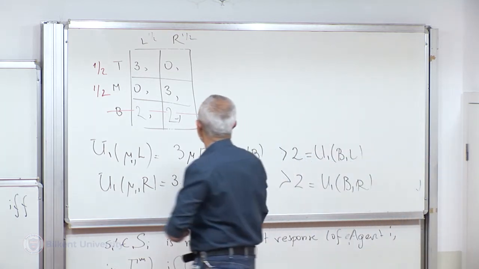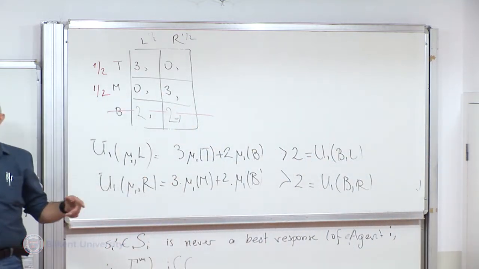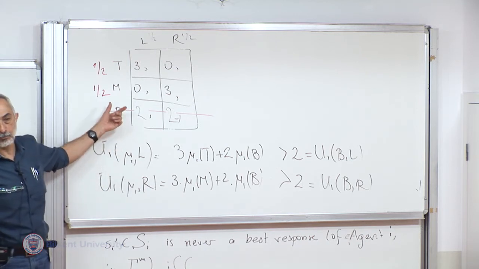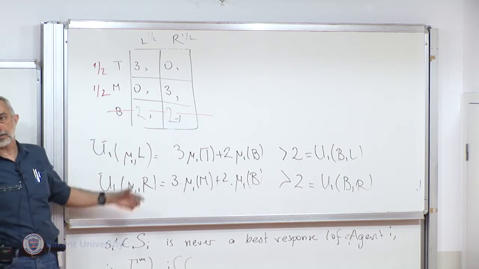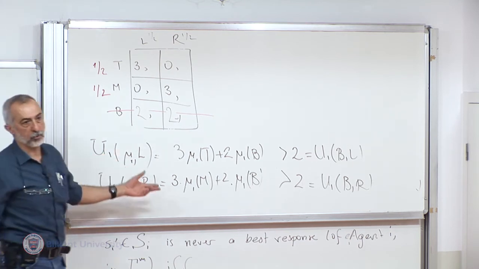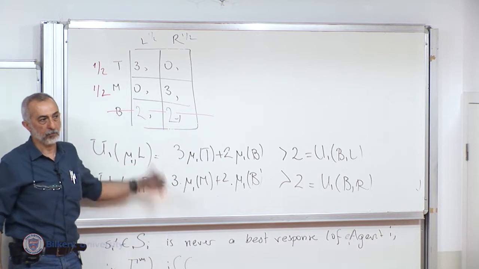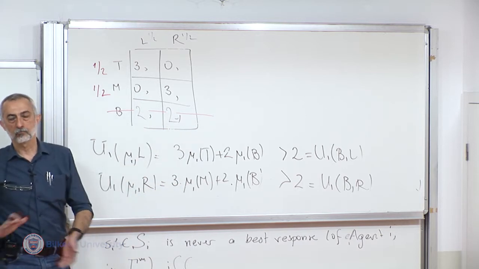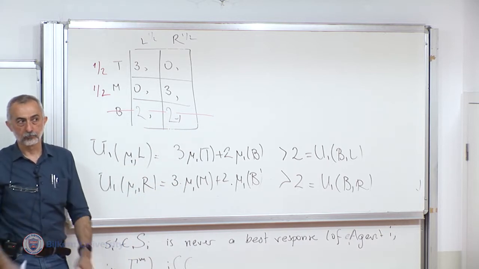Your friend's question was, does being never a best response in the pure strategy game imply that it's going to be a never best response strategy in the mixed extension game? Not necessarily. So far, so good?